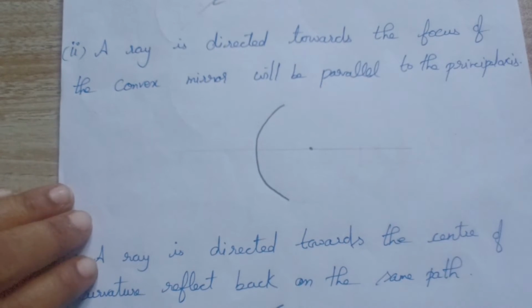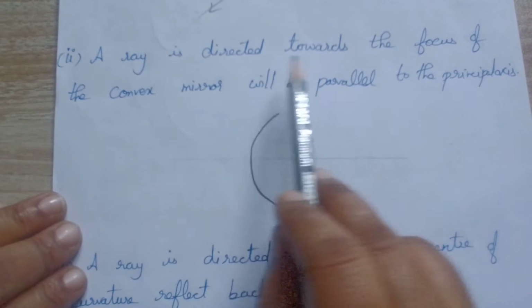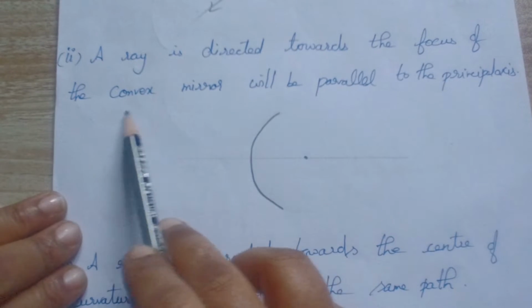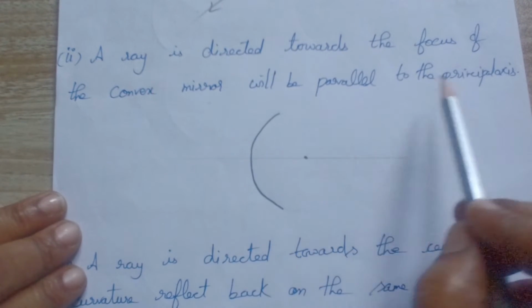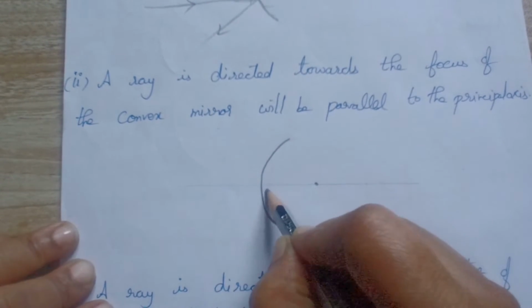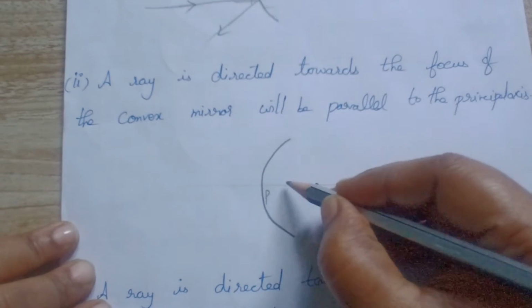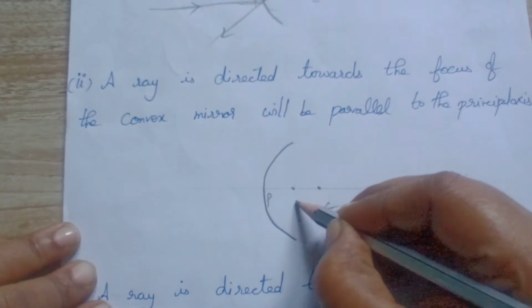Next, the converse of the first rule. A ray directed towards the focus of the convex mirror will be reflected parallel to the principal axis. For example, this is the pole, this is the center of curvature, and this is your focal point.